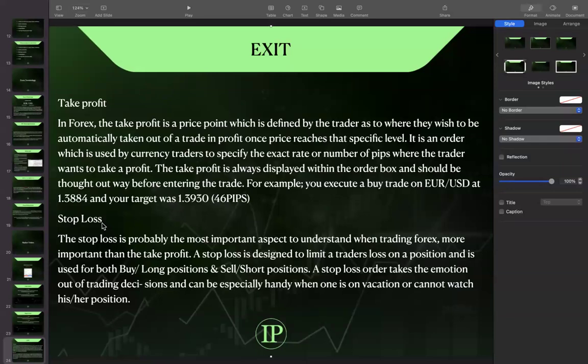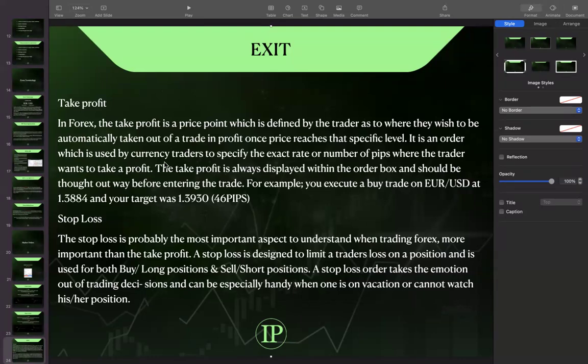This is so that you do not lose any more money if the market goes against you. Okay, and so the stop loss is probably the most important aspect to understand when trading Forex. More important than the take profit. Okay, a stop loss is designed to limit a trader's loss on a position and is used for both long and short positions.